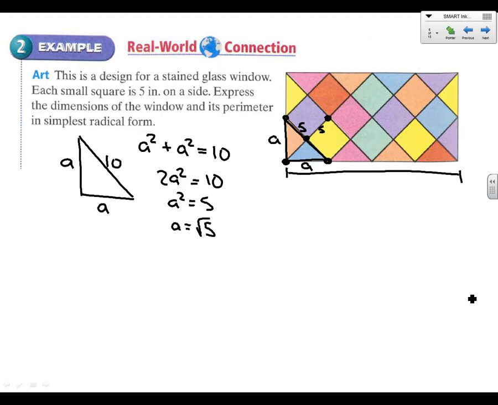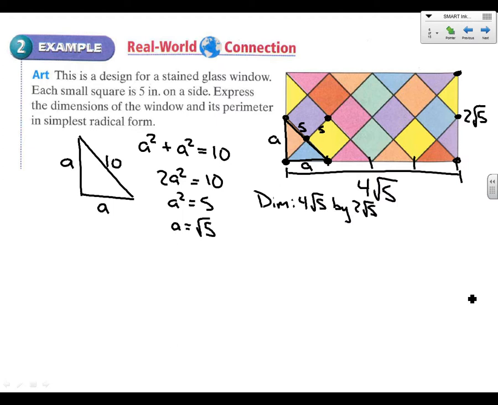All right, so if A is the square root of 5, there are 1, 2, 3, 4 of those triangle lengths along the side. So our length here is 4 root 5. Our height would be 1, 2 root 5. So we have dimensions 4 root 5 by 2 root 5.